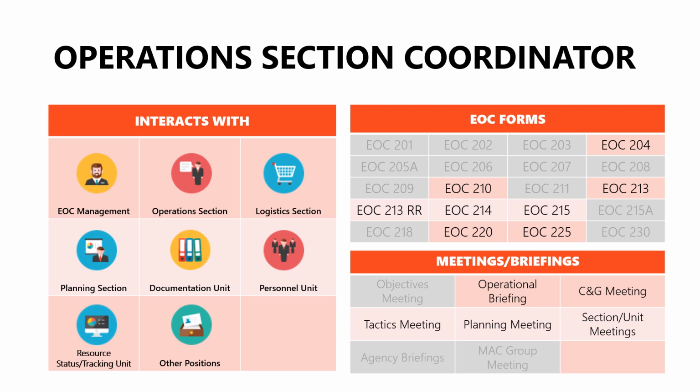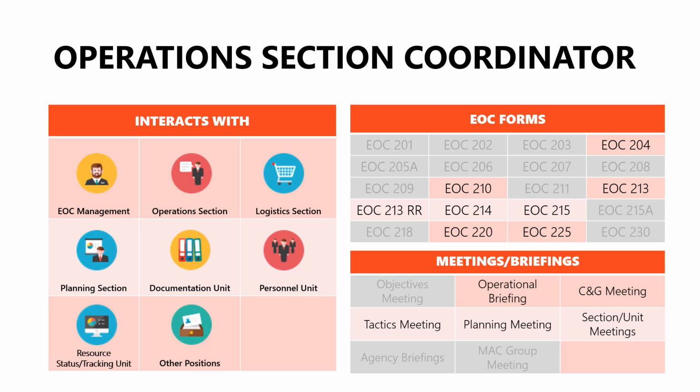The 210 is the resource change form. 213 and 213RR are our message request and resource request forms. 214 is our daily status form, so that's where we document, as our role in the EOC, what decisions, conversations, what did we do to help keep track of that. Our 215 is the worksheet for the operations section.